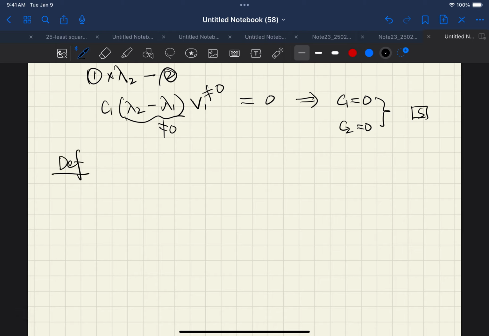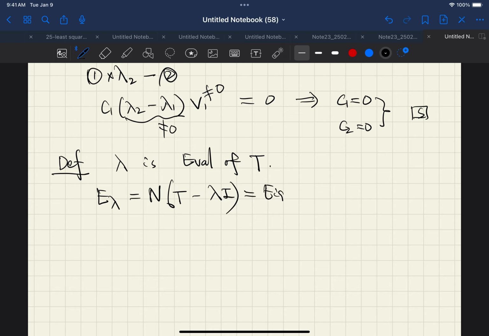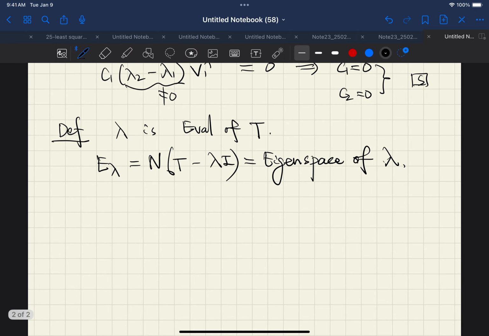Suppose lambda is an eigenvalue of T, then its eigenspace is basically the null space of T minus lambda I, which we call the eigenspace of lambda. This is the collection of all eigenvectors associated to the eigenvalue lambda.